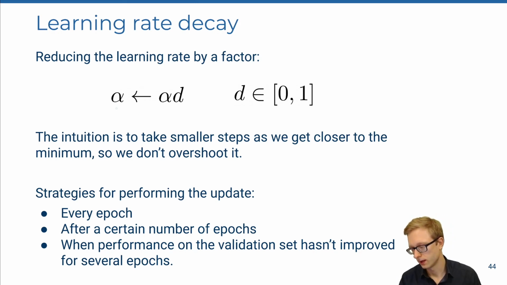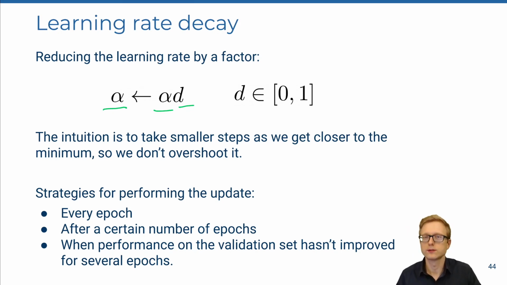So here we have an update rule for the learning rate that multiplies the original learning rate with this scalar. And the intuition here is that as you get closer to your correct answer, you want to be making smaller and smaller steps so that we don't overstep the correct answer. So we can decrease our learning rate after we have been training for some time.